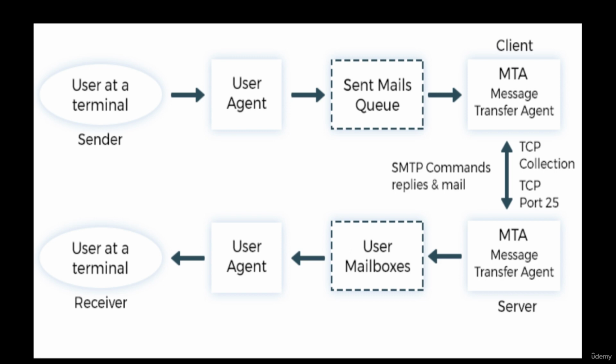How SMTP email works: the sender, a user terminal, user agent, sends mail to the message transfer agent, which is the client, then connected over TCP, then again to the message transfer agent MTA server, then the user mailbox, user agent, and the receiver's user terminal. So have a look at how the diagram works and how the whole process is completed.